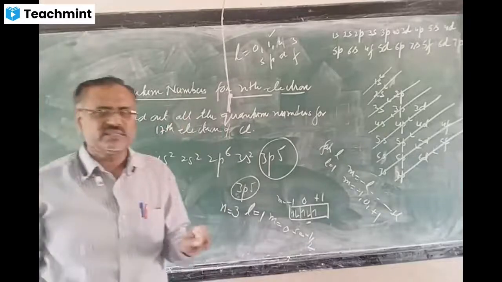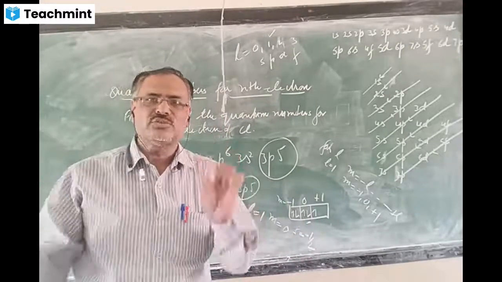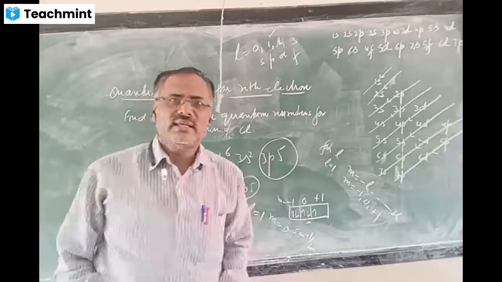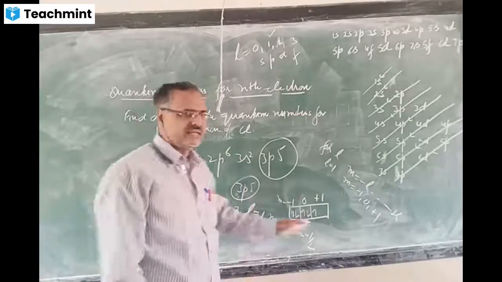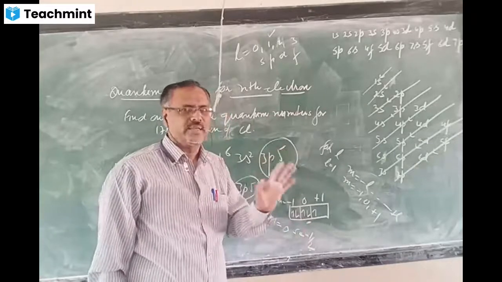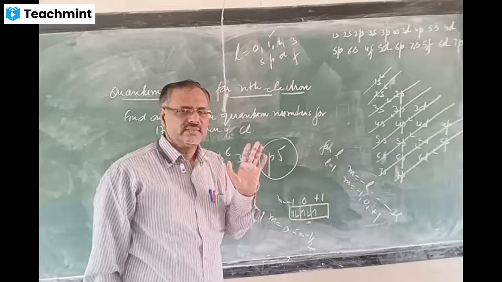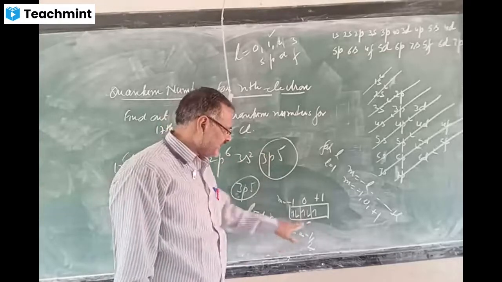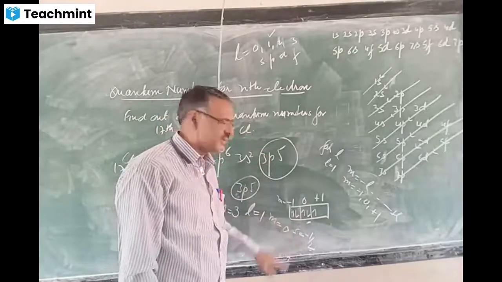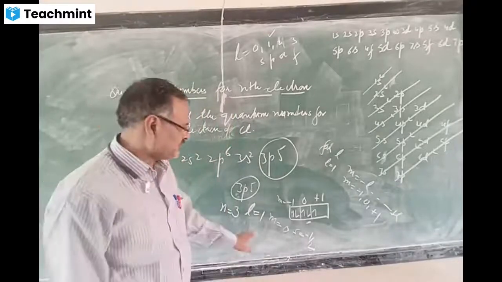In the NCERT book, it is also given that we can suppose any. So in your JEE book it is given that we can take any, no problem. But you follow this method. NCERT books also give that we can assign any orbital to any number. But by this way you have to learn how you are getting the quantum numbers. Otherwise you will be confused.